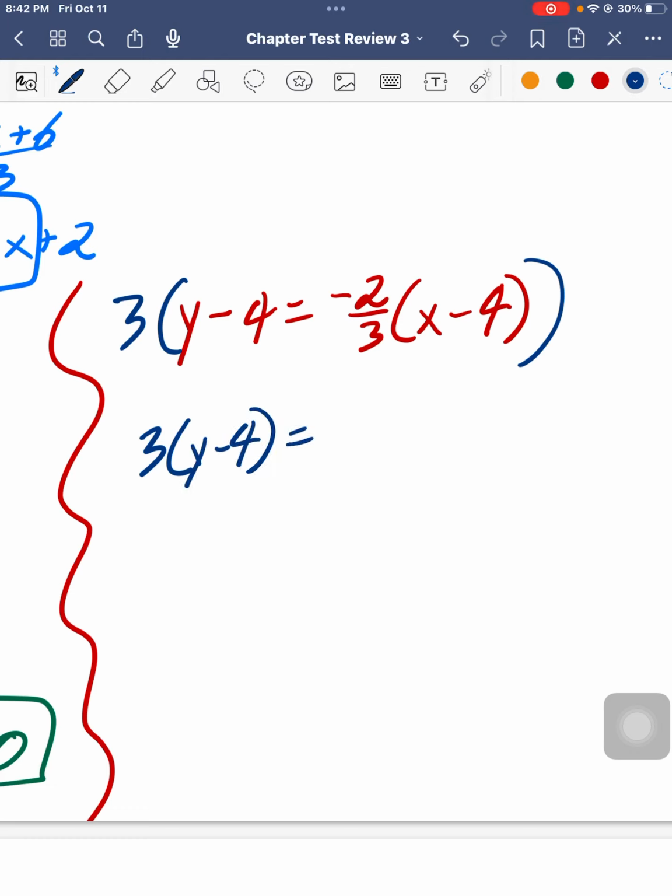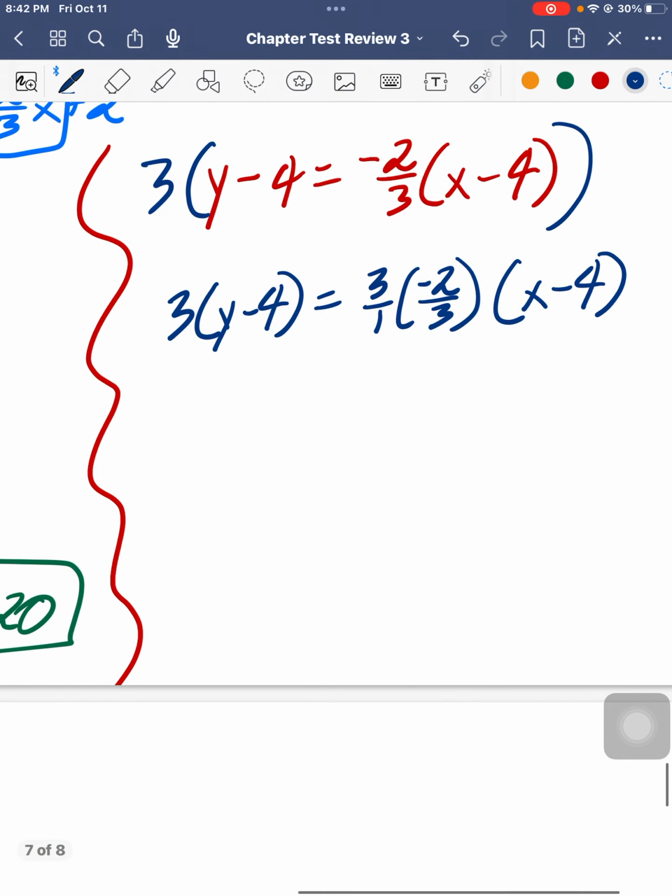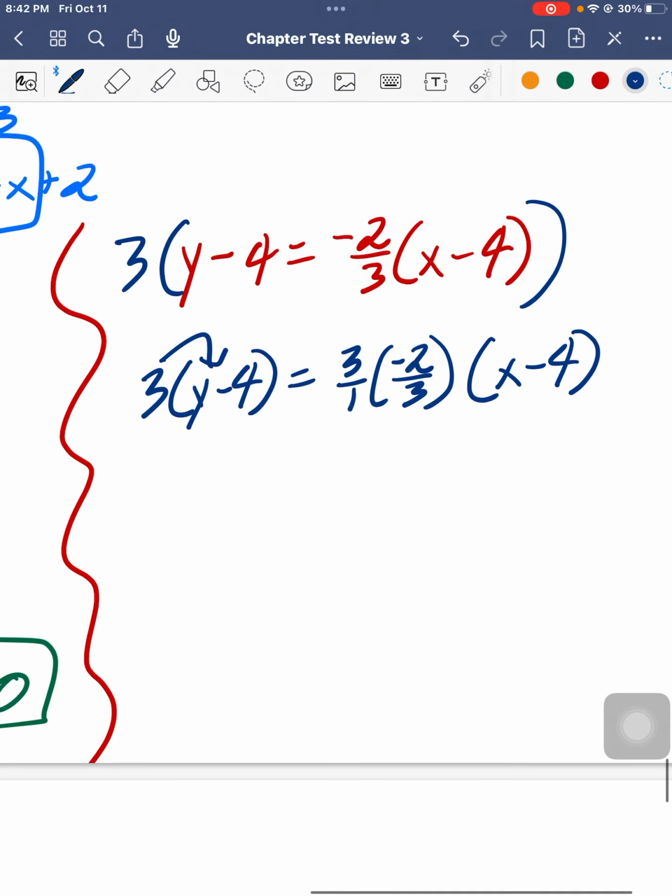So that's really going to give me 3y minus 4 equals 3 over 1 times negative 2 over 3 x minus 4. Now, this is going to distribute here, here, and here.